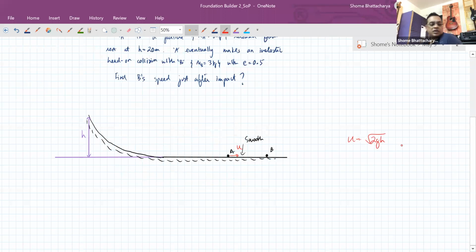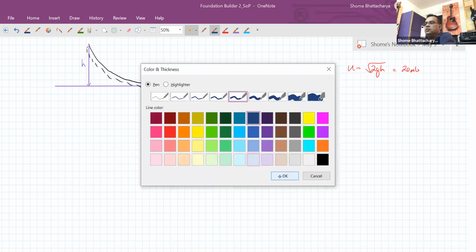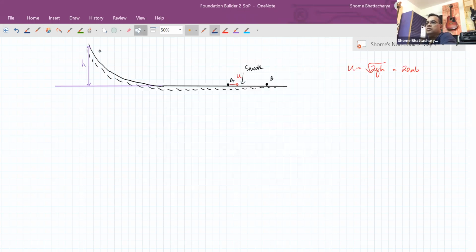We can just use work energy directly. So that's 20 meters per second. And then after the impact, A's velocity becomes v1 and B's velocity becomes v2.